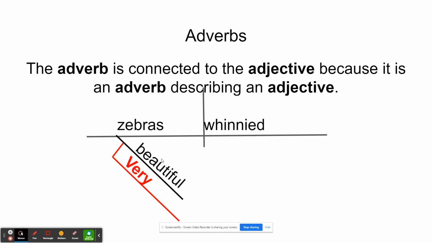How beautiful? Right, very beautiful. So today our focus on part B is practicing diagramming adverbs that are going to connect to adjectives. See that little arm connecting it to the adjective, and then we're going to slant just like beautiful did, but it's going to be an adverb describing the adjective. Ready? Let's practice.